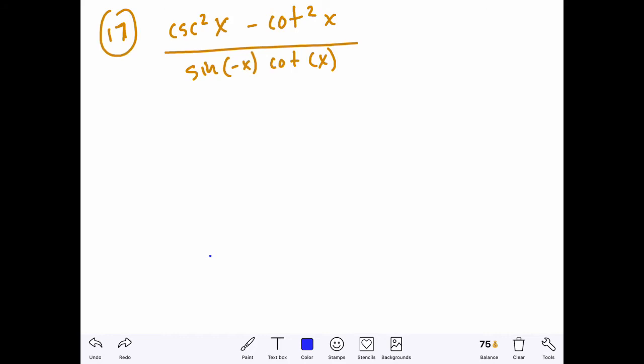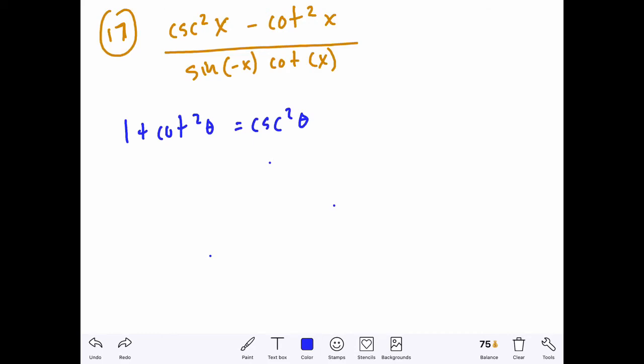Okay, when I look up at cosecant squared x minus cotangent squared x, well, I see almost what could be a Pythagorean, but the Pythagorean one in the book is this: 1 plus cotangent squared theta equals cosecant squared theta.